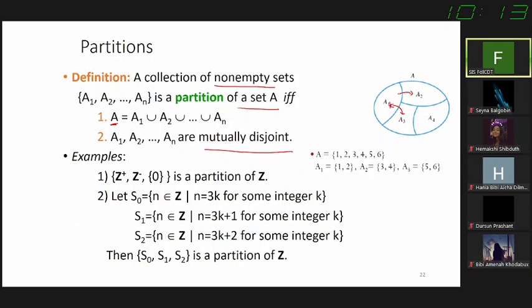They are mutually disjoint. So what I'm trying to say here: A1 intersection A2 intersection A3 intersection A4 is null. Okay, so none of them have intersections. They are mutually disjoint.